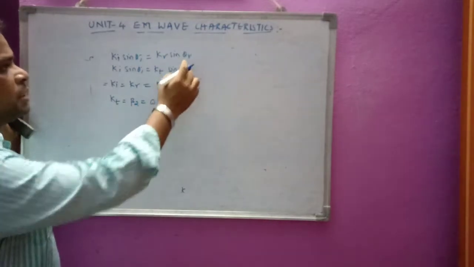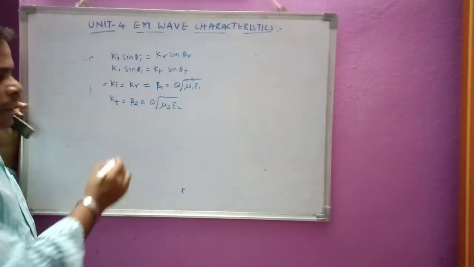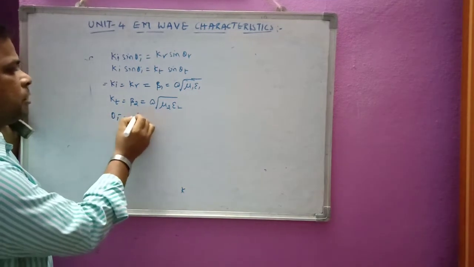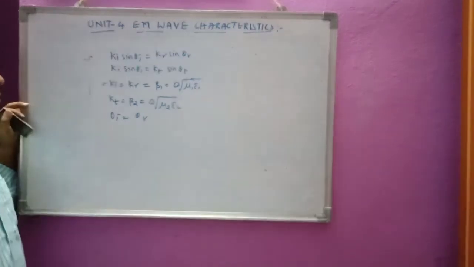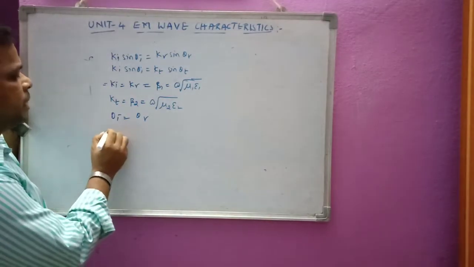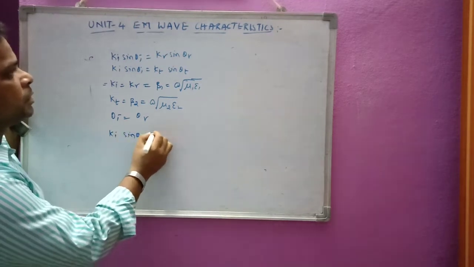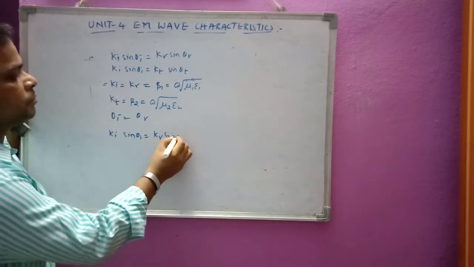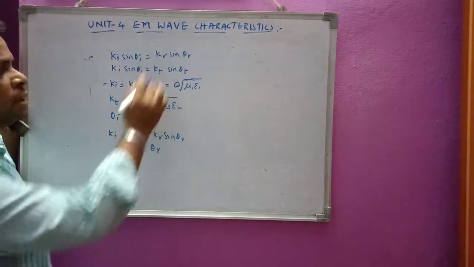From these two equations, I will take that angle of incidence is equal to angle of reflection. By taking ki sin theta i equal to kr sin theta r, we get theta i is equal to theta r from these two conditions.